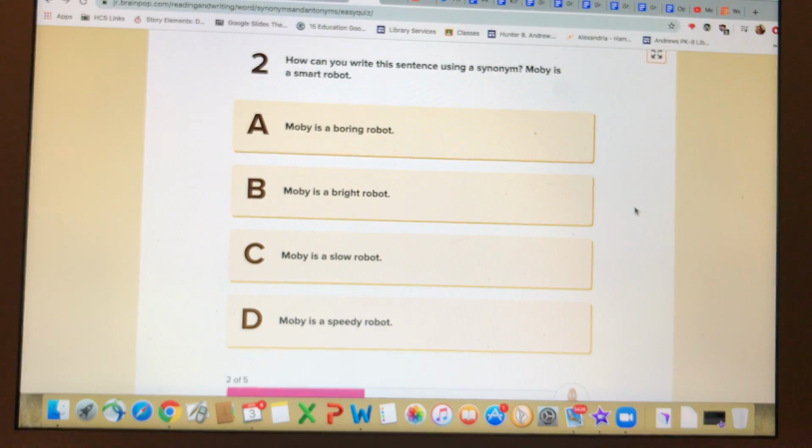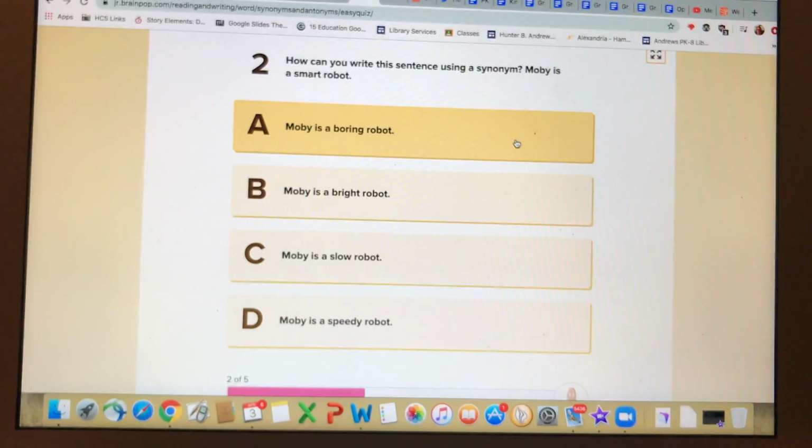How can you write this sentence using a synonym? Moby is a smart robot. We know synonym means the same, and we're looking for one for the word smart. Moby is a boring robot. No, boring doesn't mean the same thing as smart.